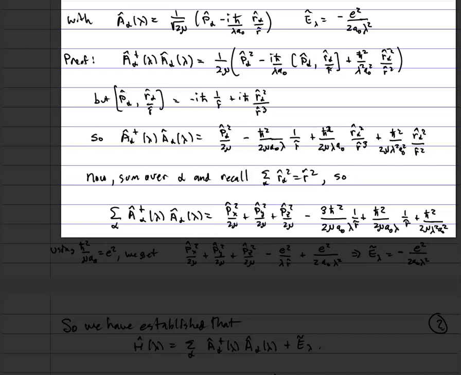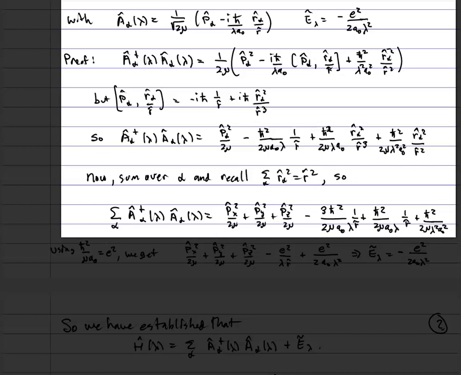That's going to be very important in what we're doing. In fact, you see it's going to be converting things that are operators into constants, and that's how we make this Cartesian factorization work. So let's sum over alpha. We're going to get px squared over 2 mu, py squared over 2 mu, and pz squared over 2 mu. I'm going to get minus 3 h bar squared over 2 mu a0 lambda, 1 over r hat.